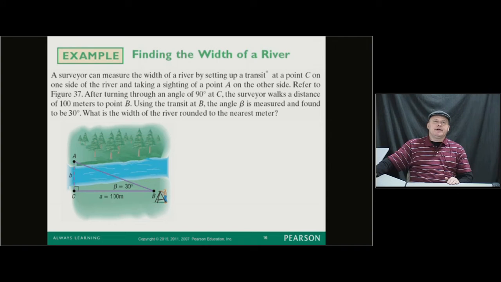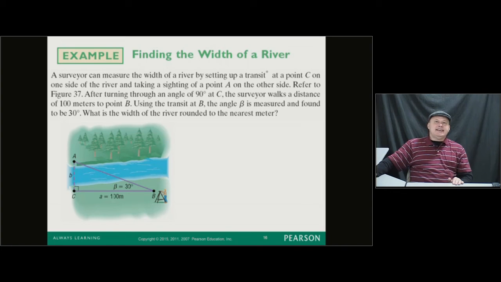Yeah, I think I'll go ahead and do it. I think we did this one too. A surveyor can measure the width of a river by setting up a transit. And a transit is something that you can measure angles with. You see what angle things are, if something is level or not. So that's what a transit is.